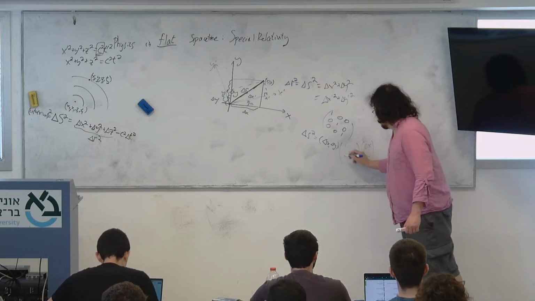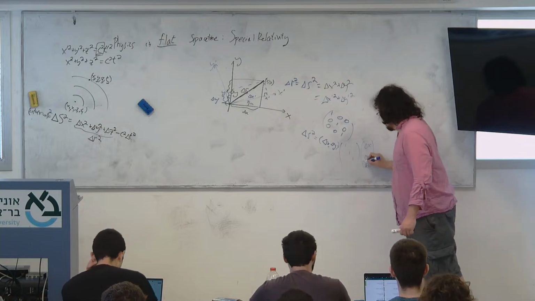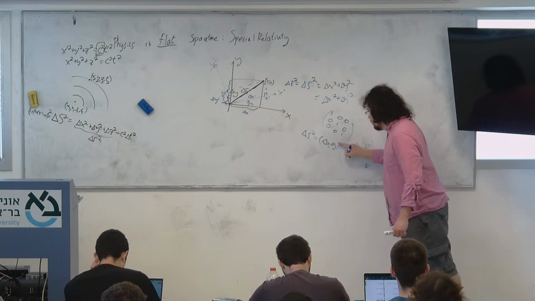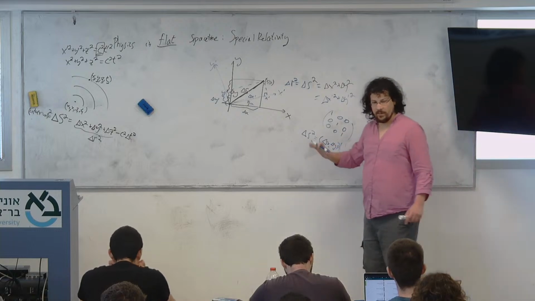It's 0, 0. Sure. Or if you really want, you can have a z. I can rotate the angle in any number of dimensions, as long as I maintain that it's flat and Euclidean.